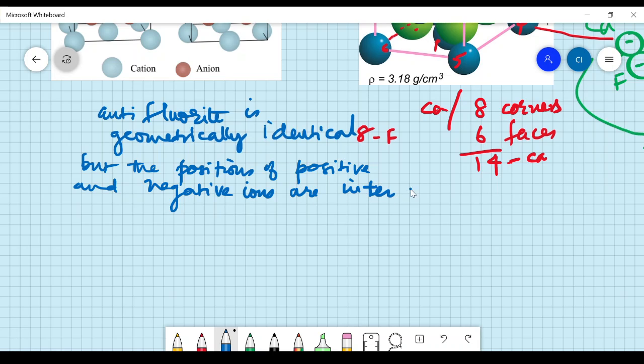So you can just see what is happening in the anti-fluoride structure.